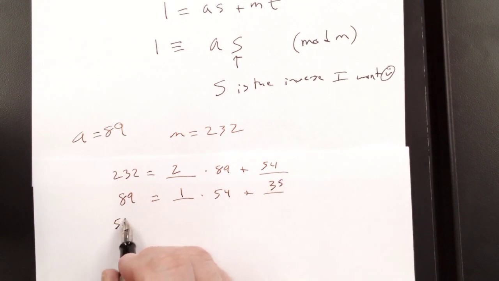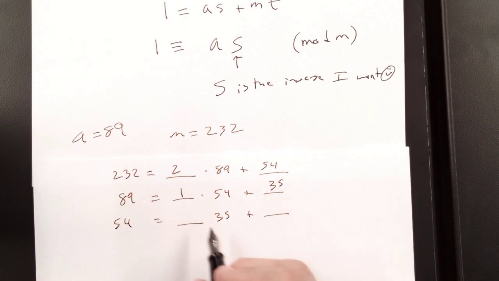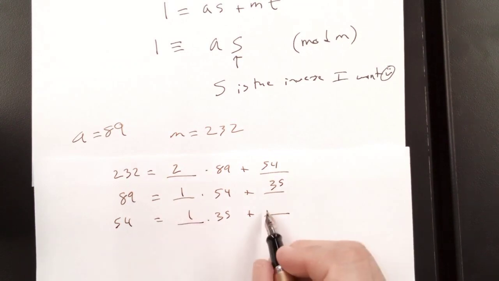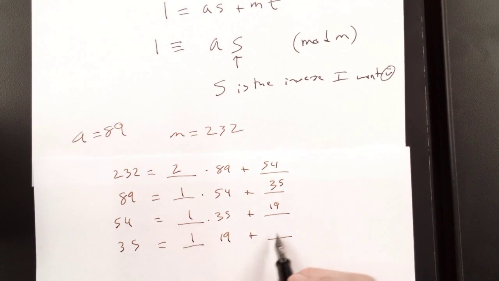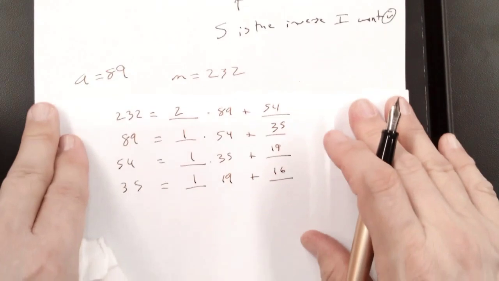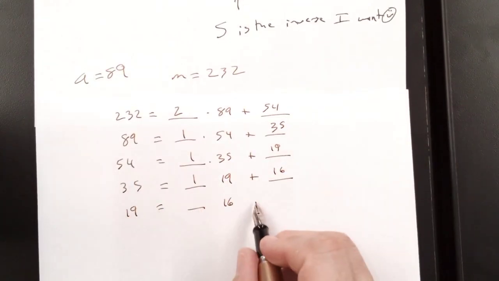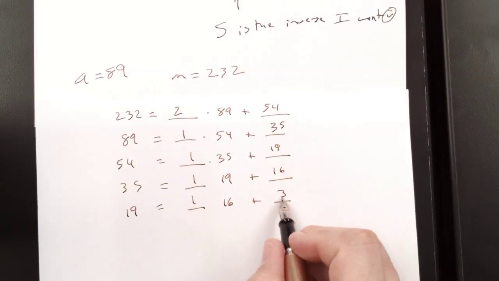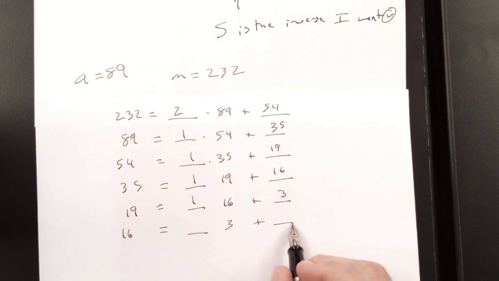So now I put the 54 over here, and I put the 35 here. 35 on this side, 19 on this side. 19 here, 16 here. 16 and 3. 4 and 4.